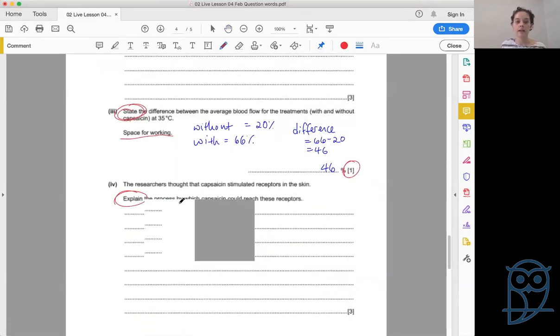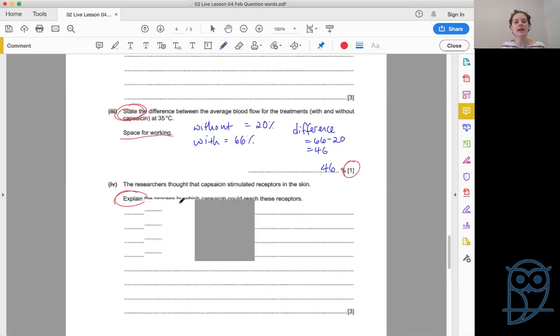Okay, so here we need to think, what is the process? The process is diffusion. See it coming back. We're going to take all the different levels, early in the course, late in the course, and mix them all together in one past paper question. Okay, so once you've established that your process is diffusion, then how does the diffusion happen? Give me more explanation. Don't just state the process. We want to explain it.